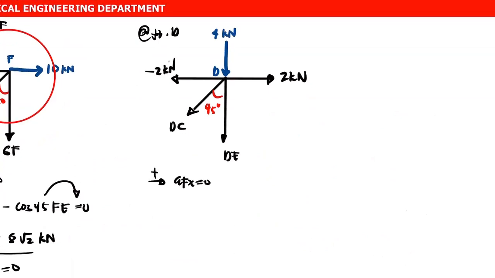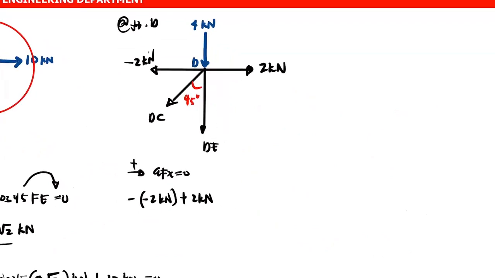Going right is positive. Meron tayong negative 2 kN, positive 2 kN, and negative sine 45 DC is equal to 0. Okay? So, that is 4 kN, tama?